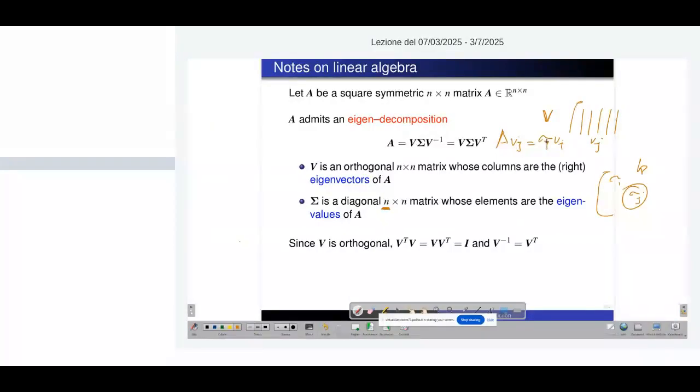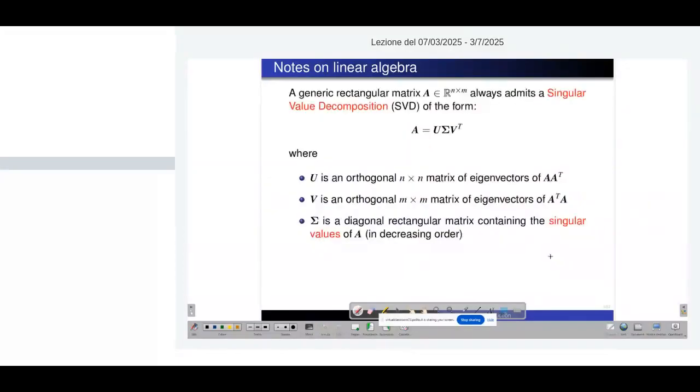So this holds. This is what is contained in those matrices, with V being orthogonal, so the inverse of V is equal to the transpose of V. Now this holds for a symmetric real square matrix.